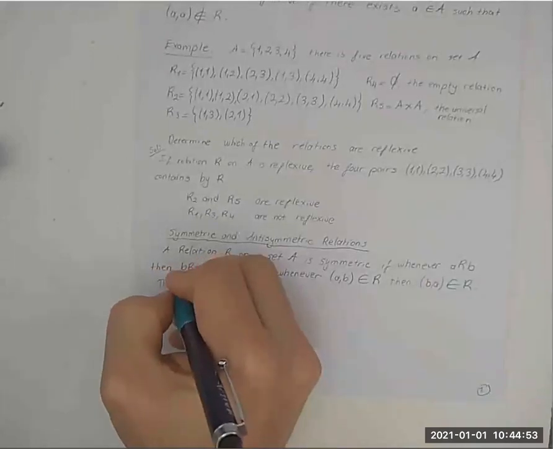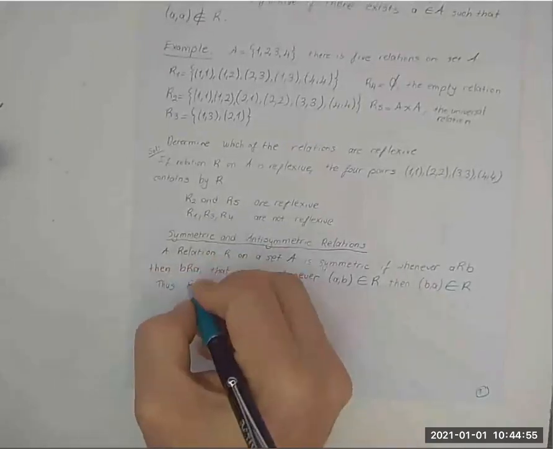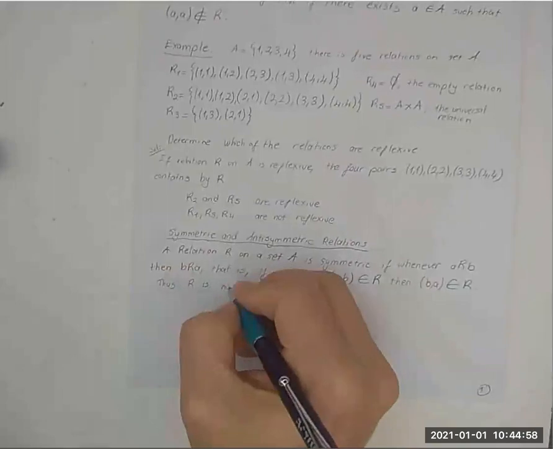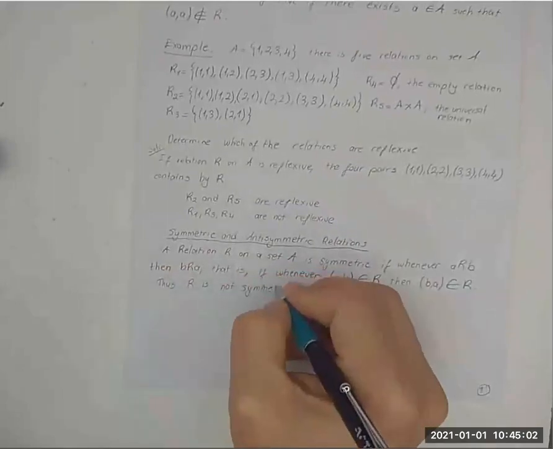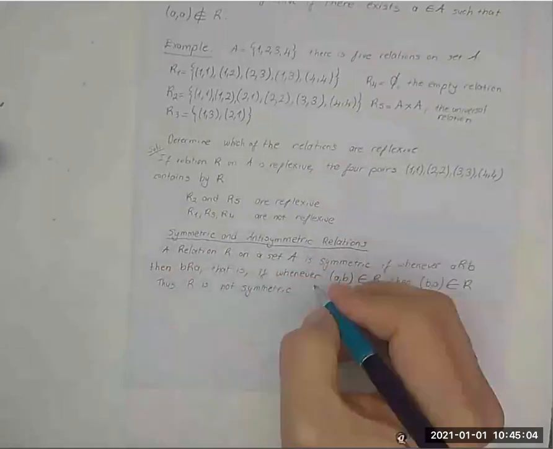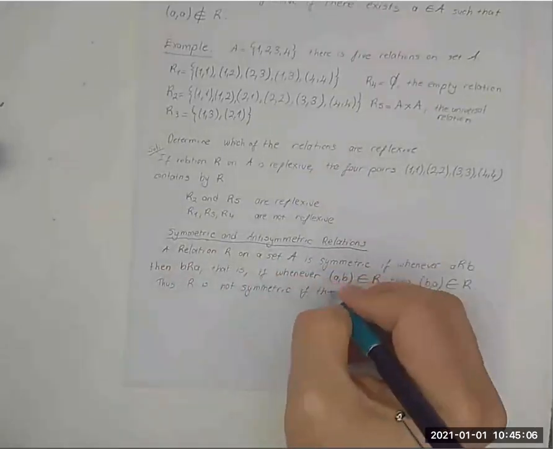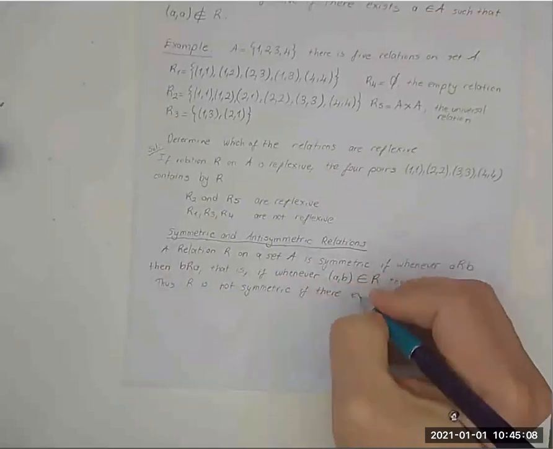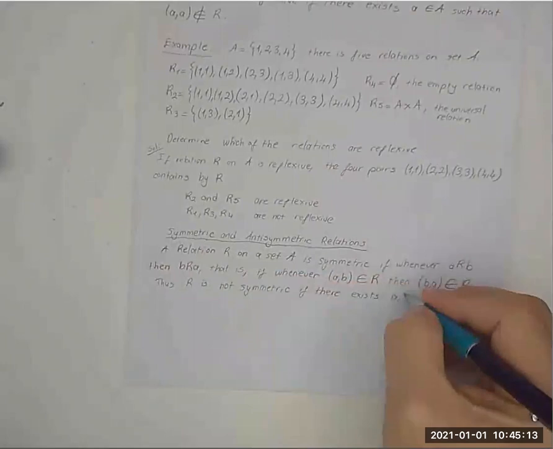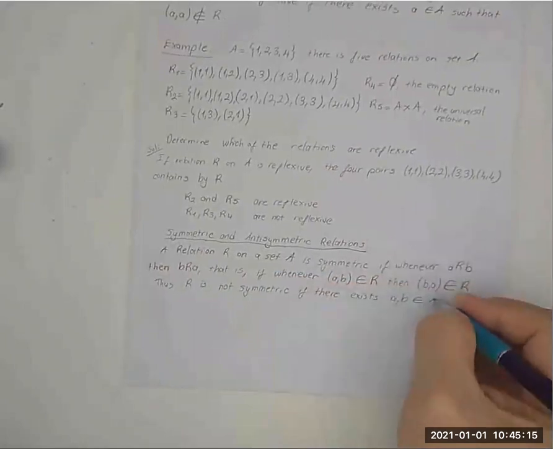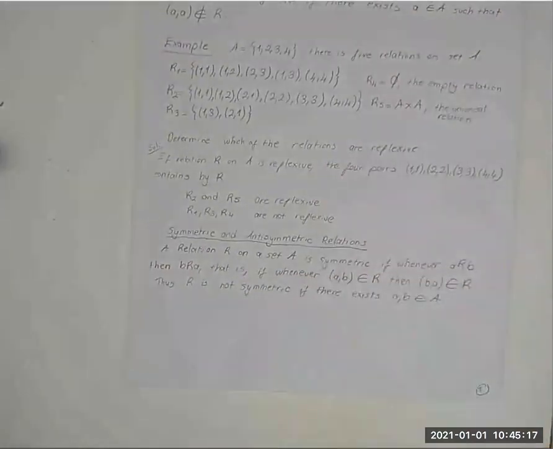That is, if whenever (a,b) is a member of the relation R, then (b,a) is an element of R.